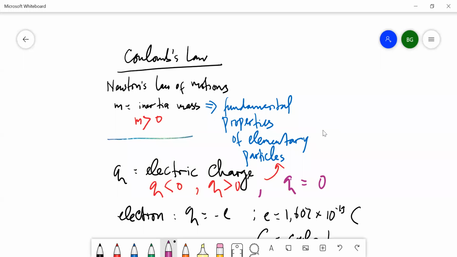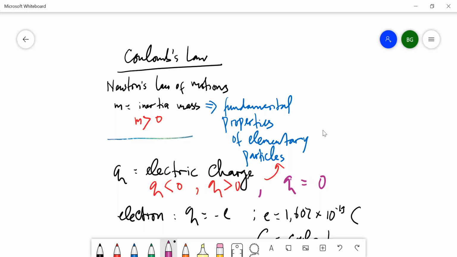Basically, Newton's laws of motion claim that every particle should have positive mass. Okay. So this electric charge and also mass, as I said before, are the intrinsic properties of particles.